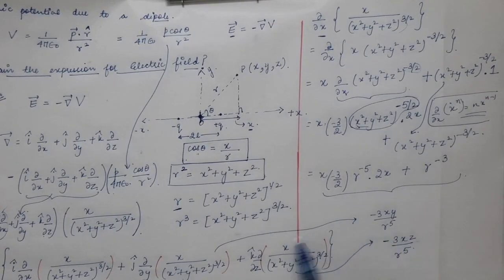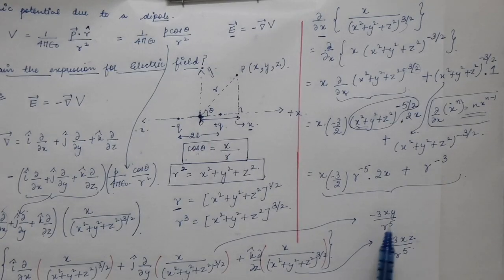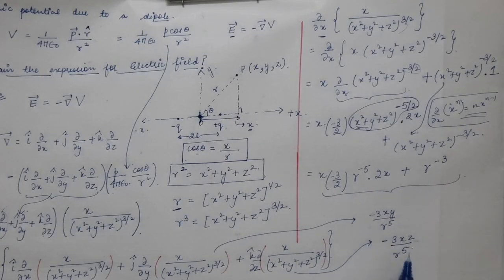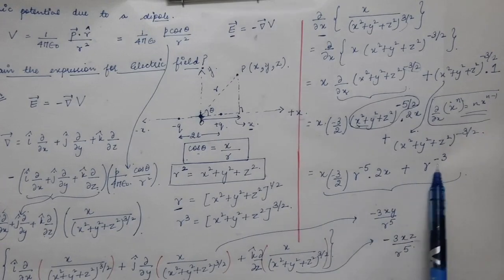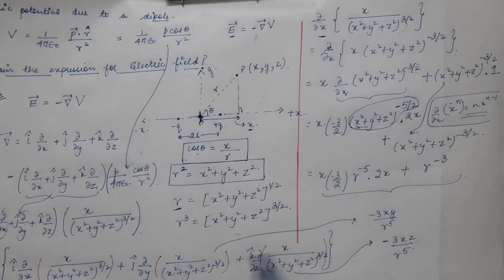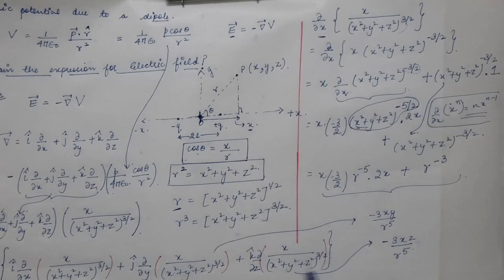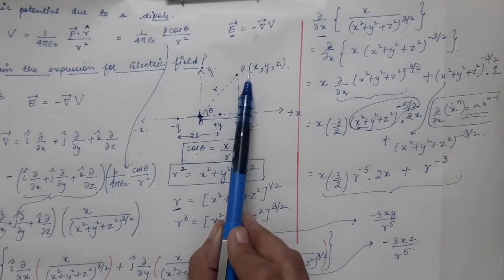You can solve these two terms by yourself and you will get these expressions. This is the expression for the first term, this is for the second, and this one is for the third. You have to write i cap, j cap and k cap along with these terms. That will give us the total electric field at that particular point.